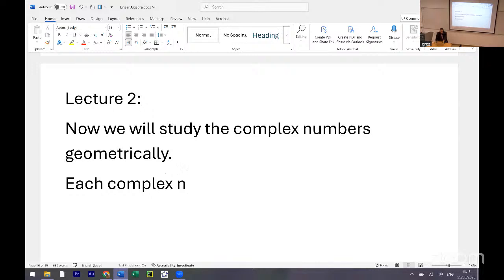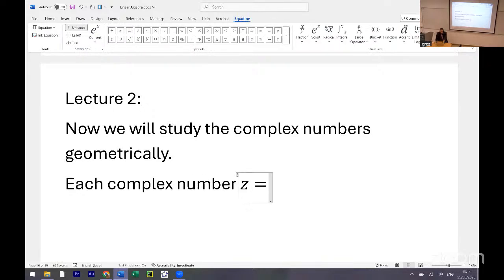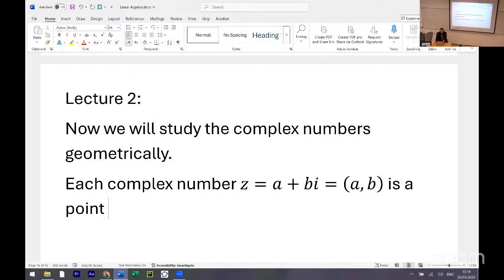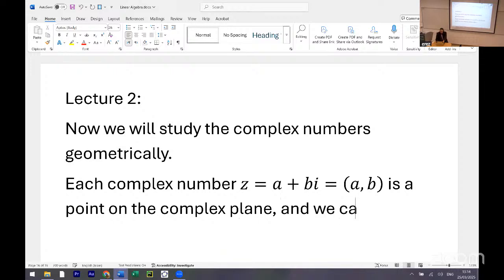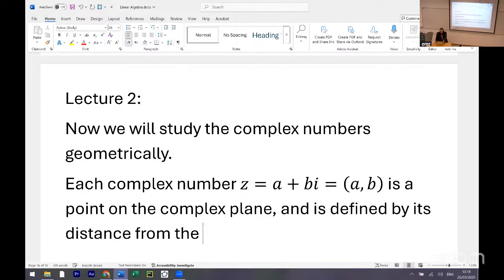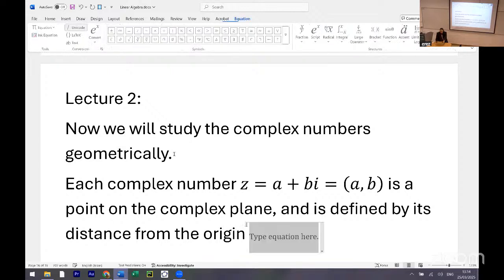Each complex number z equals a plus bi, equals (a, b), is a point on the complex plane, and is defined by its distance from the origin (0, 0), which is the complex number 0.